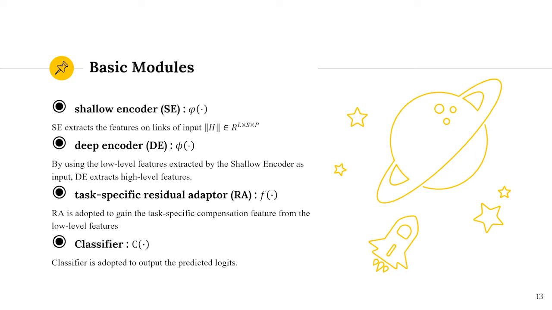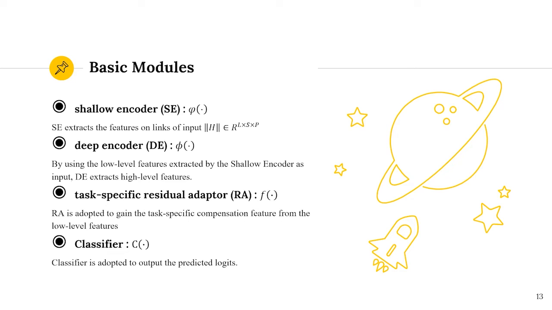The shallow encoder is for extracting the features directly from the input CSI sample. And then, by using the low-level features extracted by the shallow encoder, the deep encoder is adopted to extract high-level features.